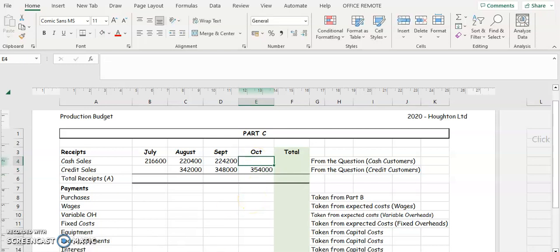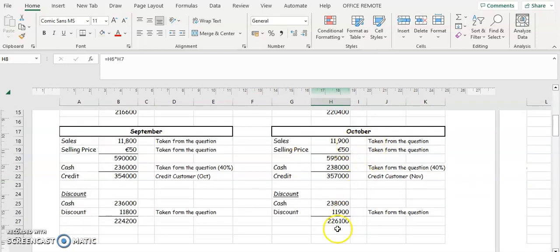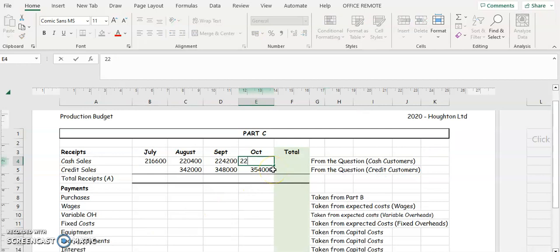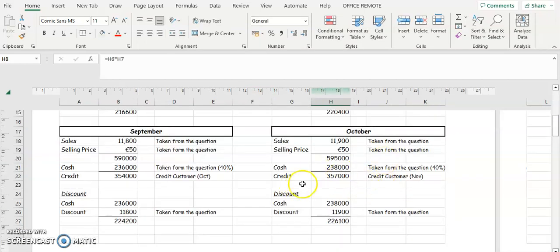And for October, we're just going to be calculating our cash, 226,100. And this credit then, if it came up to do a balance sheet, that'll be your debtors figure. That's the amount of money that's owed to us.